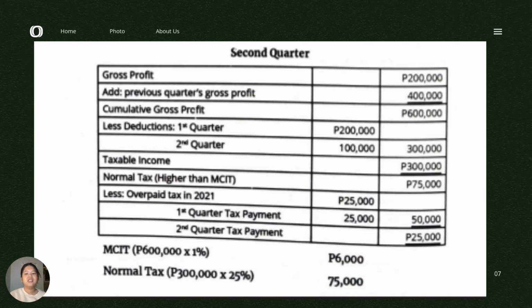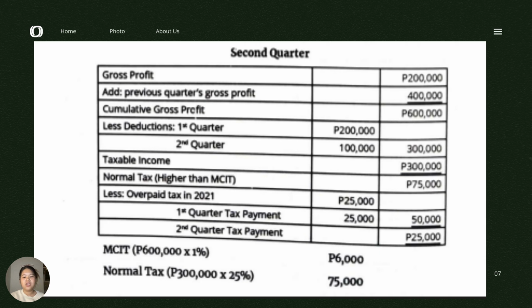Next is the second quarter. The cumulative gross income increases to 600,000, while the cumulative deduction totals 300,000, resulting in a taxable income of 300,000. The normal tax is 75,000, which is 300,000 times 25%, and the MCIT, which is 1% of the gross profit, is only 6,000.